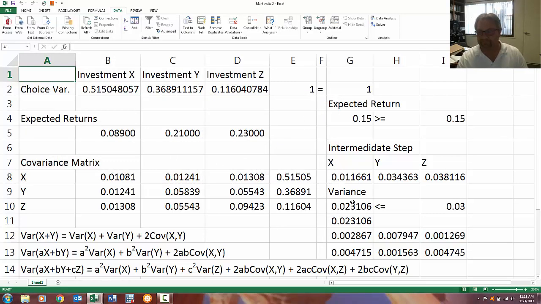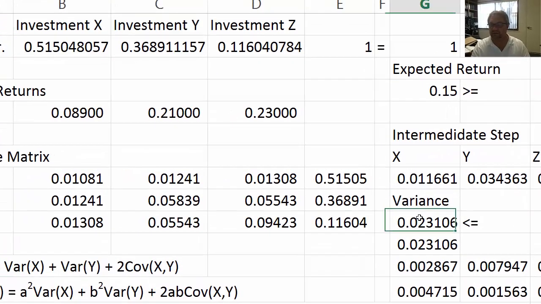Here, to minimize the variance, I've got my smallest variance. Notice my variance actually went down, and of course my return did too. But what's the smallest variance I can get out of this portfolio? It's about 0.02, and thankfully I can still get at least a 15% return.